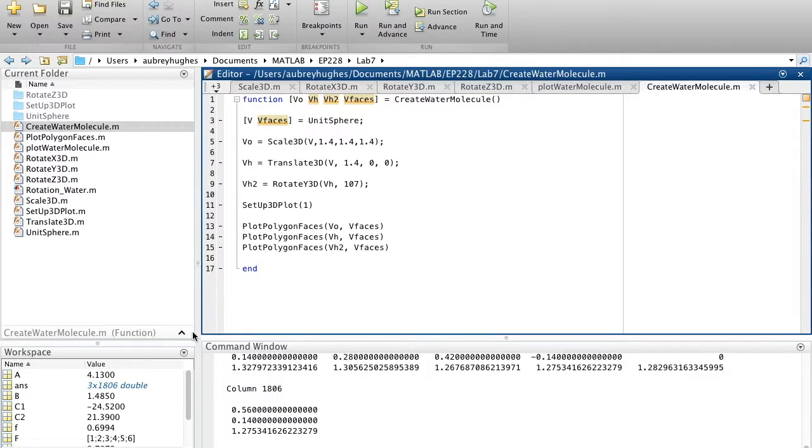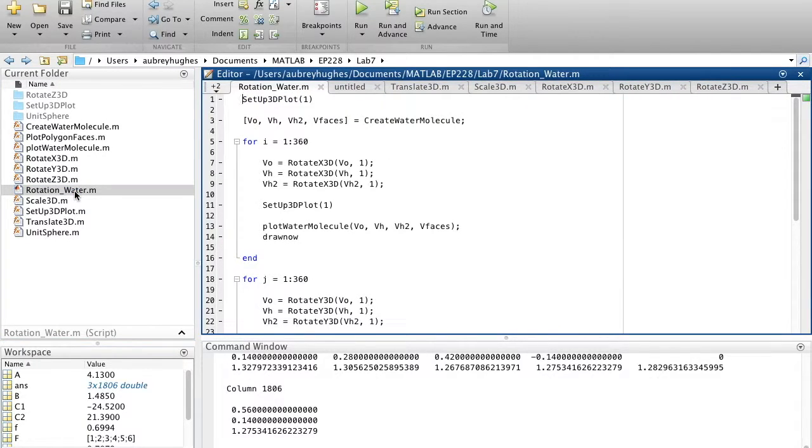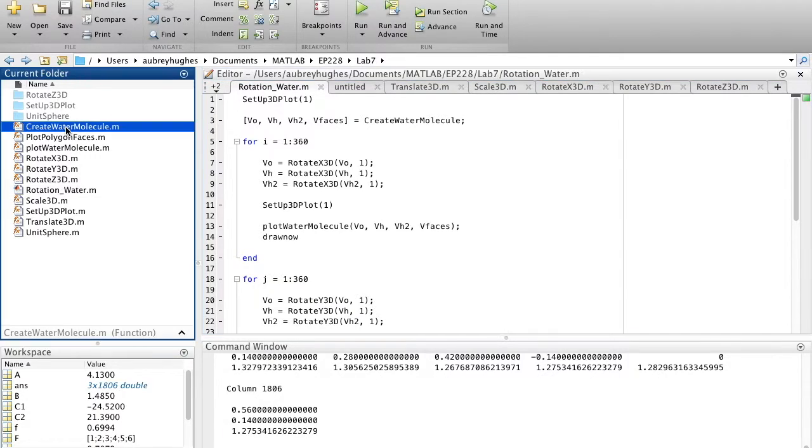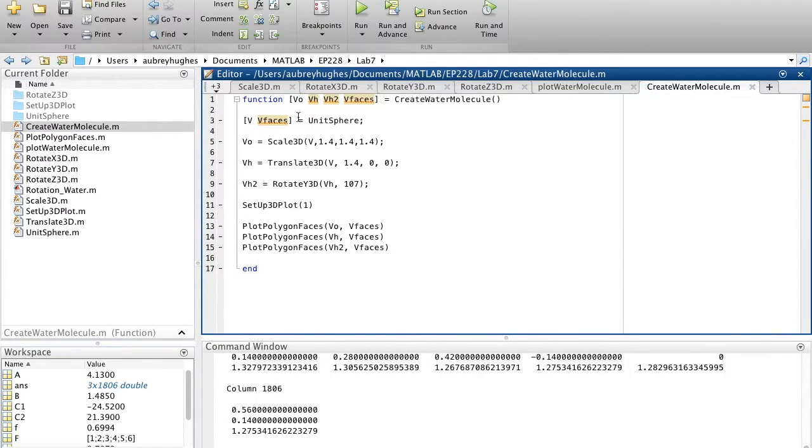So finally, we need to make it rotate around each axis 360 degrees. So I just wrote a script, not a function, for this one. And I start by making my plot in figure 1. I call my create water molecule, which was just this guy right here, which I just explained.